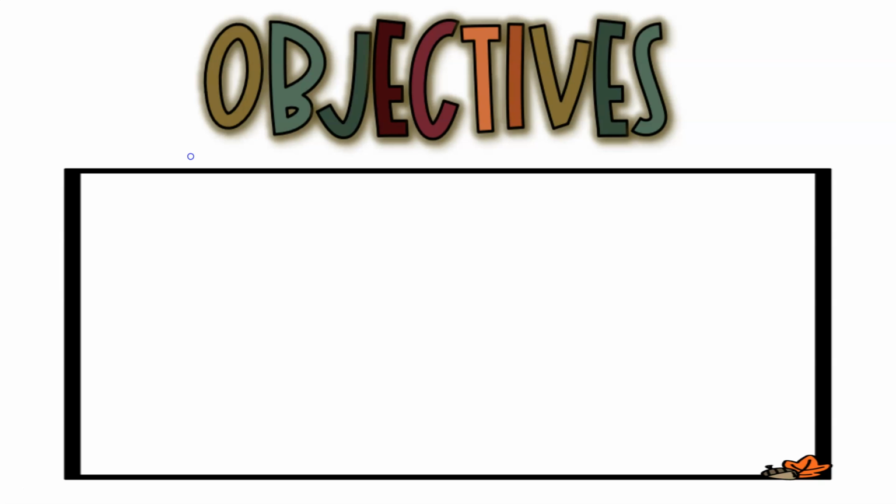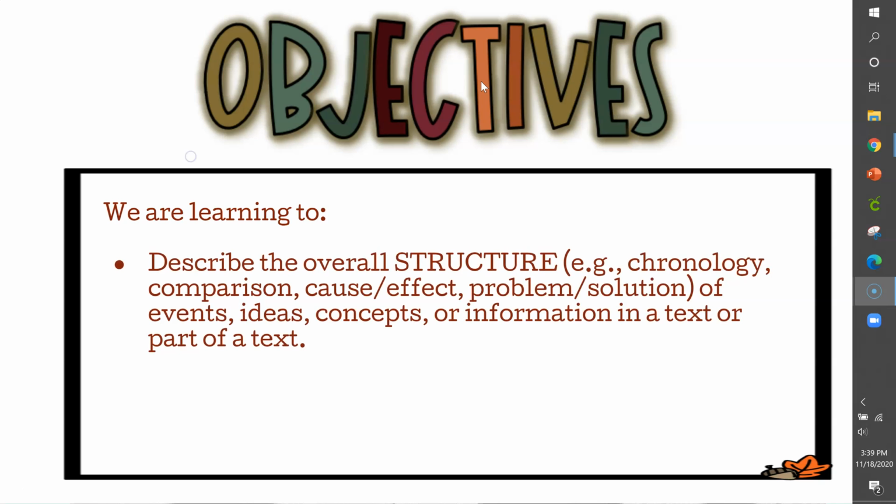Here are our objectives for reading class this week. We are learning to describe the overall structure of events, ideas, concepts, or information in a text or part of a text. Structure of a text could be chronology or sequence, comparison, cause and effect, and problem and solution.